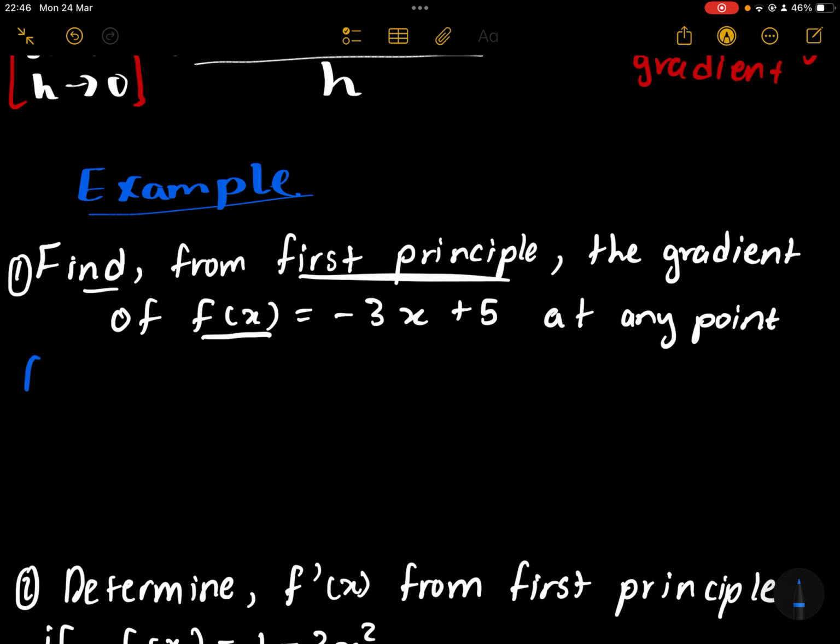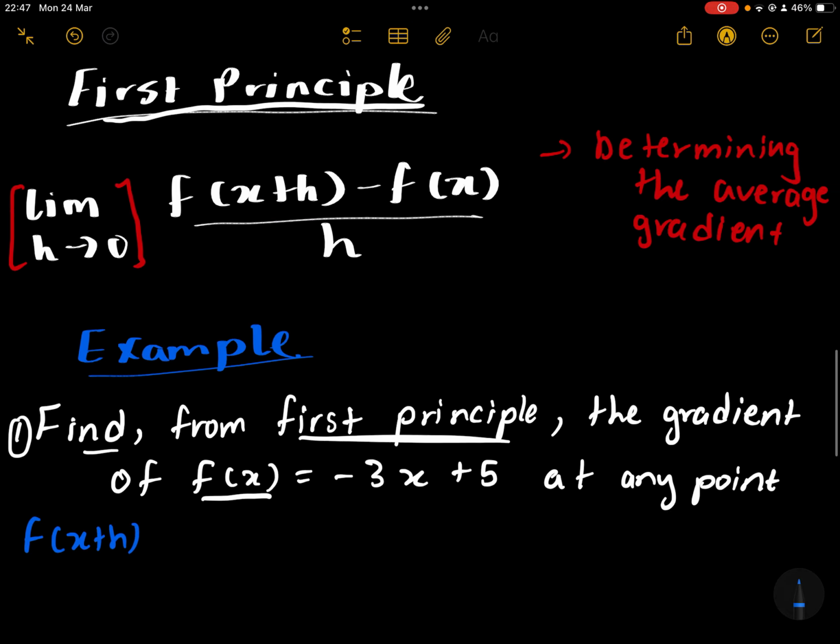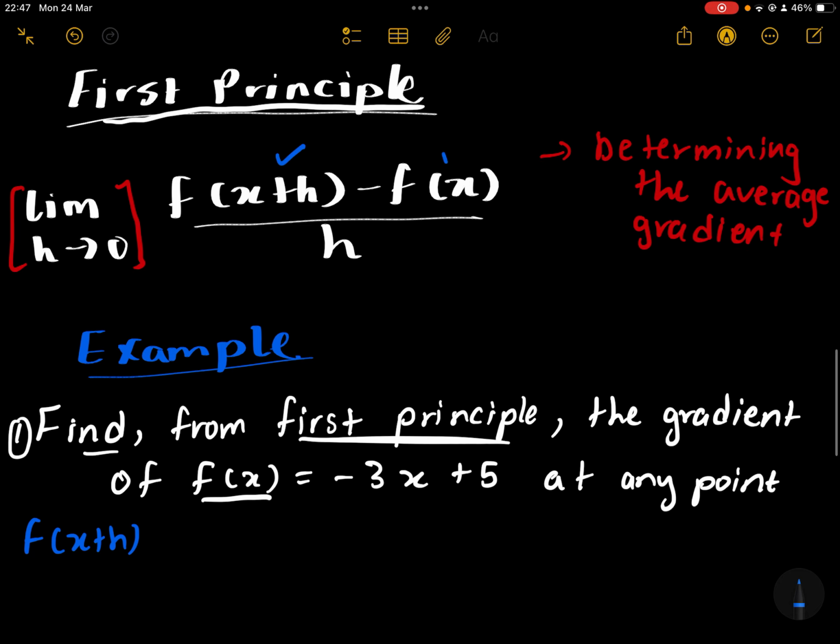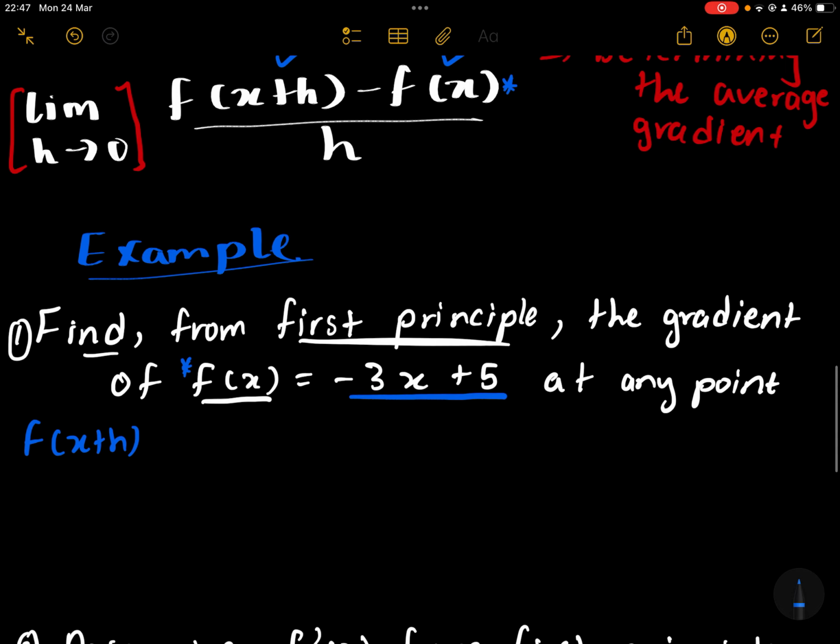Because we do not have f(x plus h), remember the formula requires what? f(x plus h) minus f(x). We do have the f(x) here, given as part of the question. The f(x) is equal to negative 3x plus 5, but we do not have f(x plus h), so we have to find it.